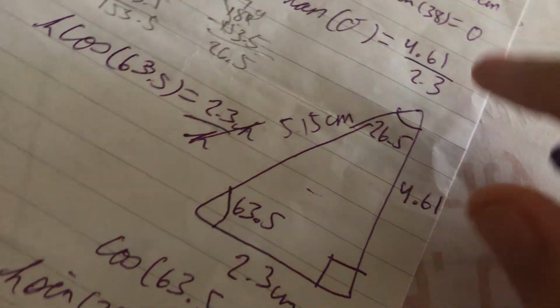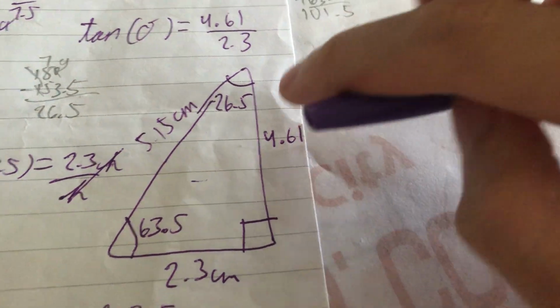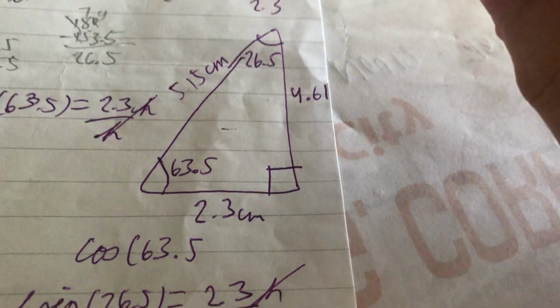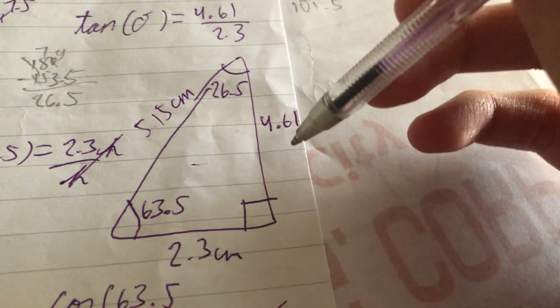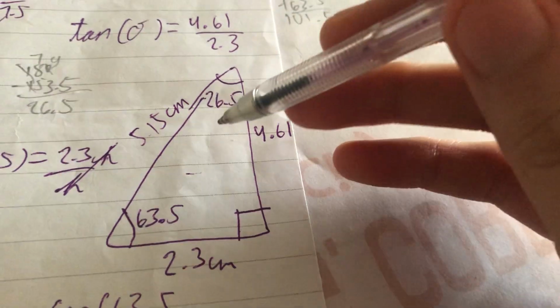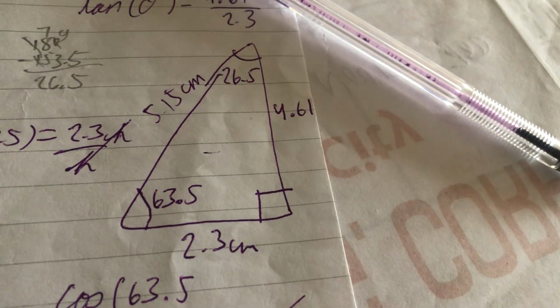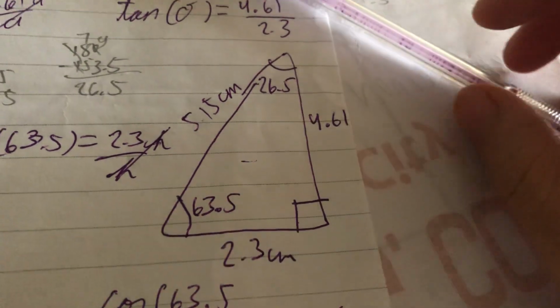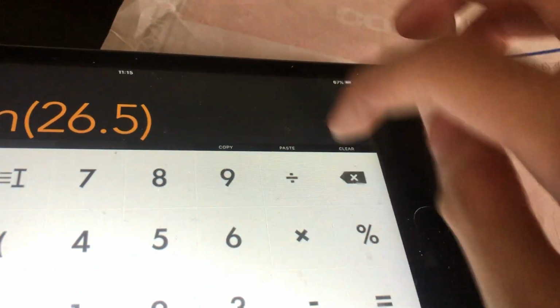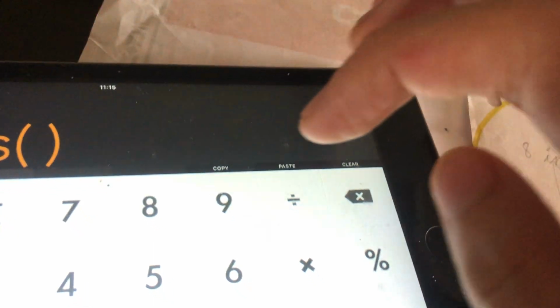Tama. Now, let's try naman kung 4.61. So, remember, this is your adjacent, and then you're asked to get the hypotenuse. So, cosine of 26.5, therefore, it's 4.61 or 4.6 divided by the cosine of 26.5.